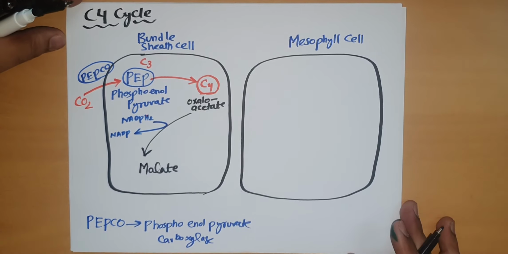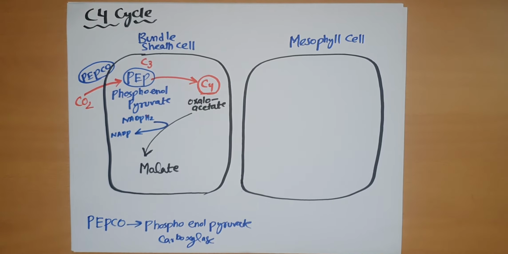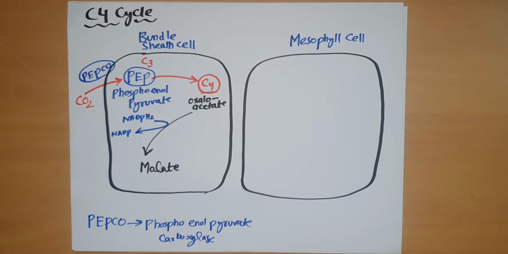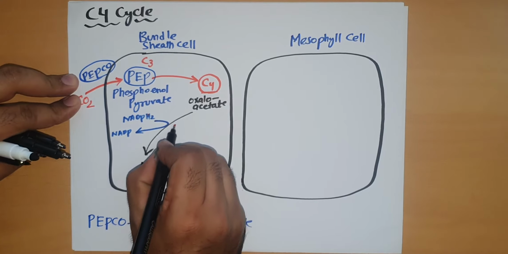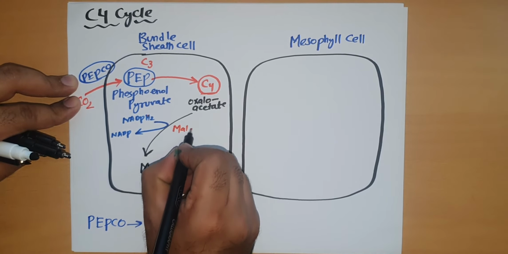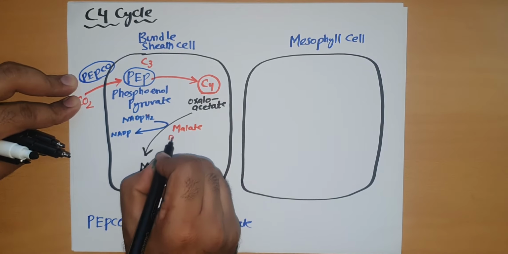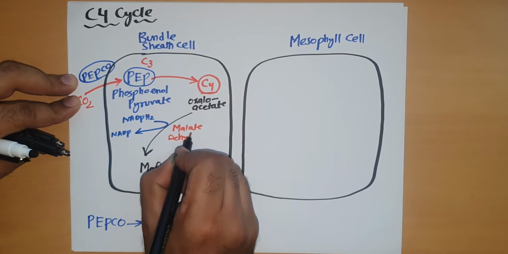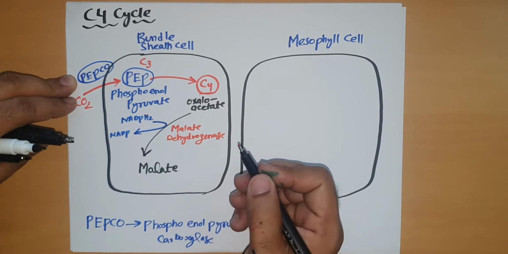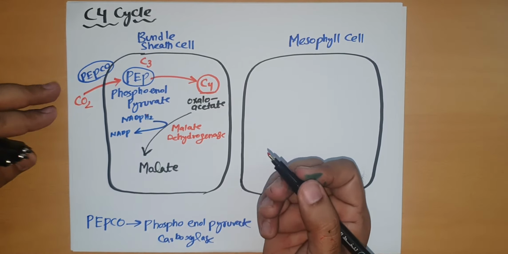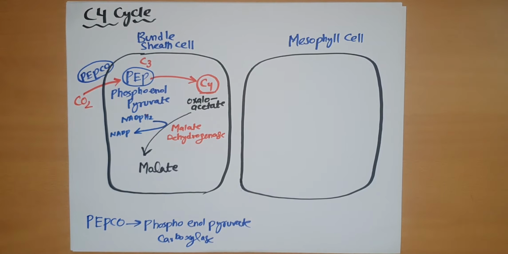The enzyme that carries out this chemical reaction is malate dehydrogenase. Now, this is actually a reversible chemical reaction. For your understanding, I'm not showing it as reversible.